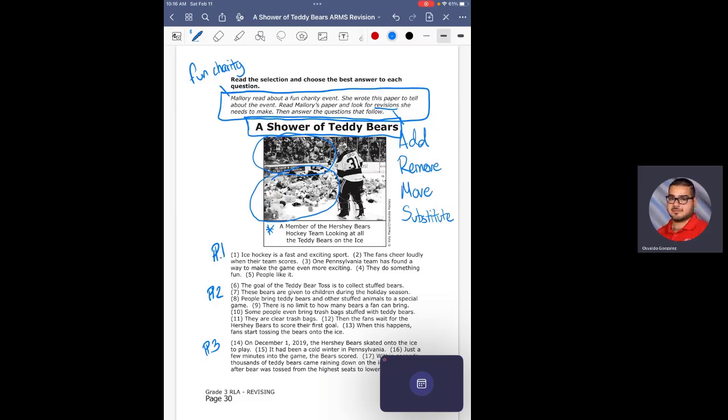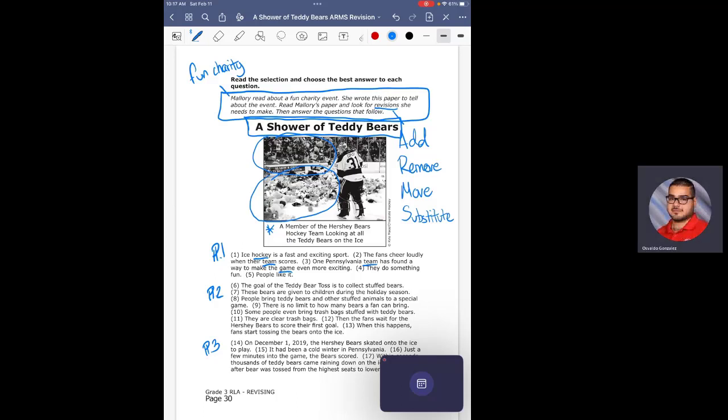So what is the idea here that keeps on repeating itself? I'm chunking the text, right? Well, hockey, team, Pennsylvania team, game, something fun and people like it. So the idea here that keeps on repeating itself is a hockey team that plays a game, right?